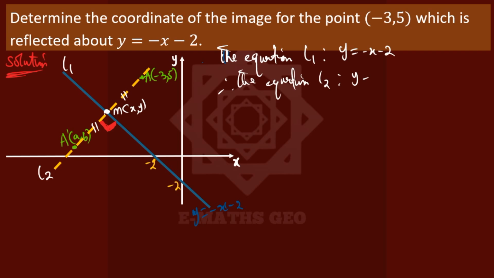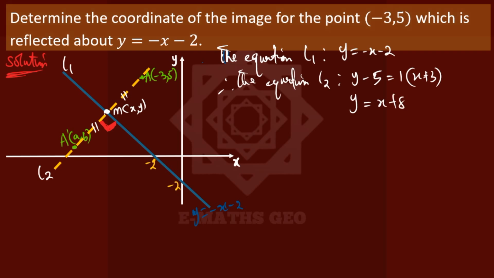For it to be perpendicular, the slope will be minus 1 over the slope of the first one. So the slope of the second one will now be 1. So we have y minus 5 equals 1 times (x plus 3), which is y equals x plus 8. So that is the equation of the second line.